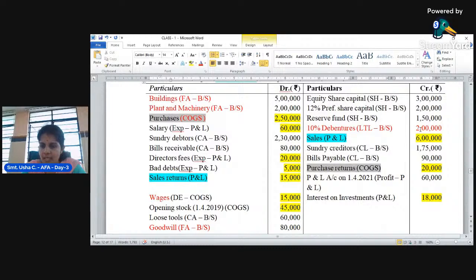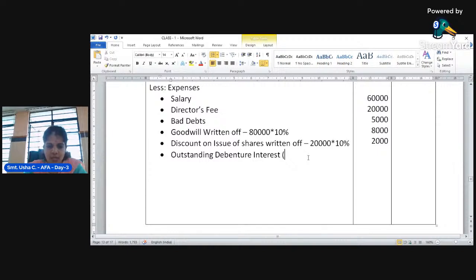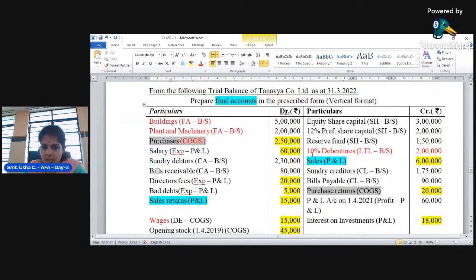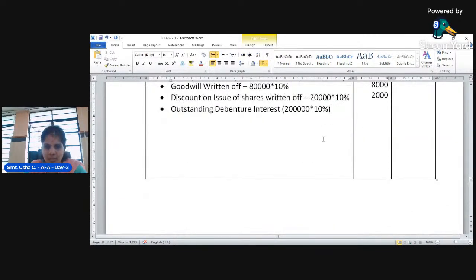Debenture is 2 lakh at 10% interest, outstanding for the entire year. So 10% of debenture of 2 lakh, on which we need to charge interest. 2 lakh into 10% is 20,000.